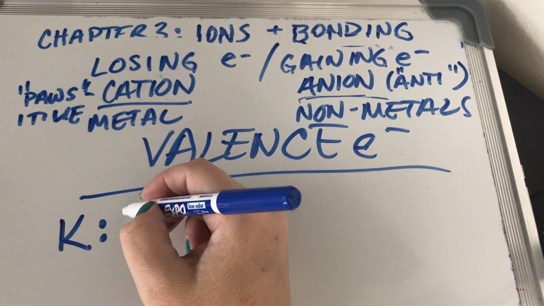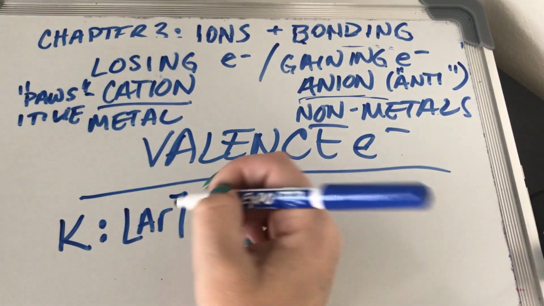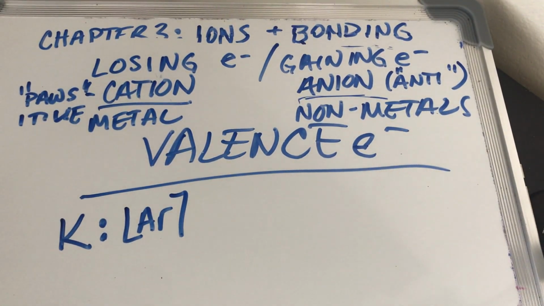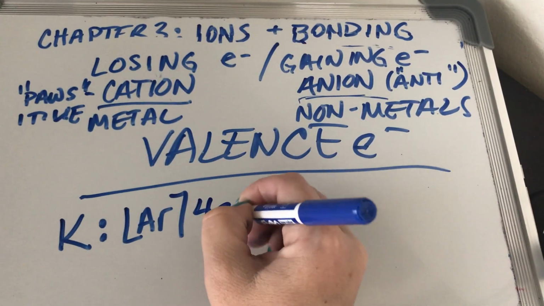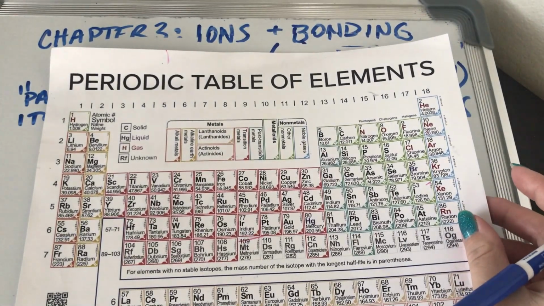Argon, and then 4s1. How did you know that it only has one valence electron? First row. Exactly that.